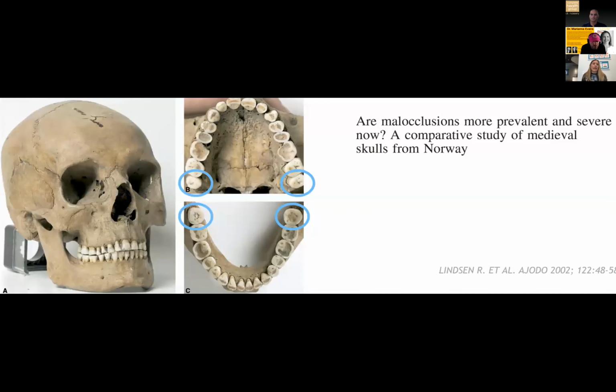We did not have that in 200-300 years ago, a short period of time for evolution. Only 200-300 years ago, we did not have that many impacted wisdom teeth as we have today. Those wisdom teeth were in functional occlusion, presented with wear, and they had room to erupt into the oral cavity.